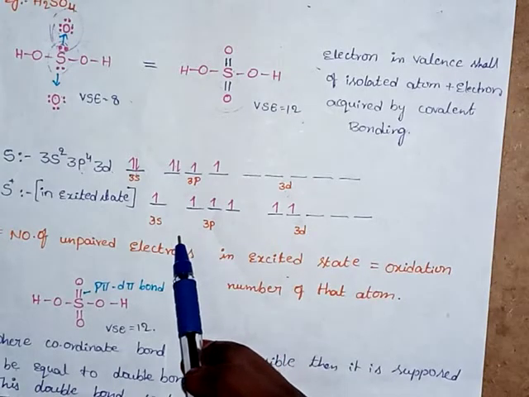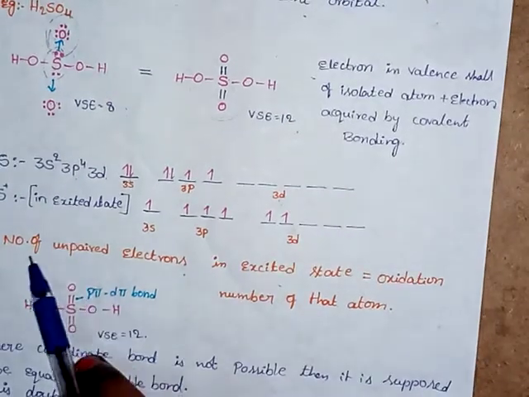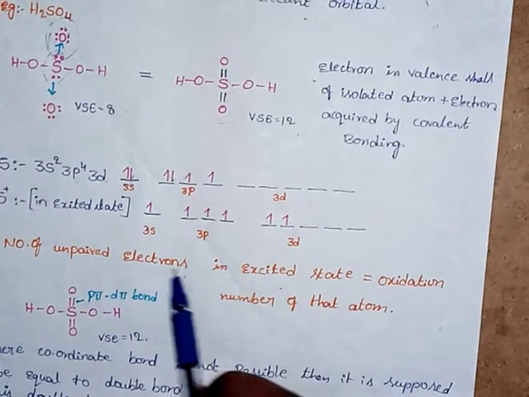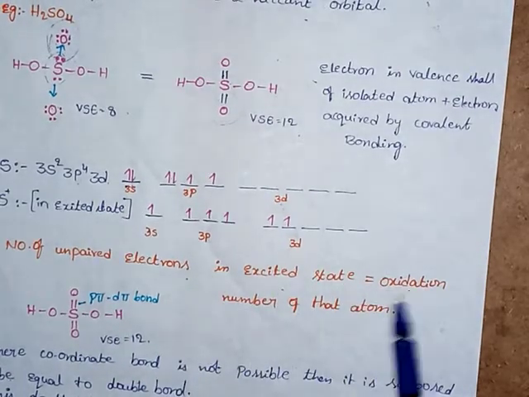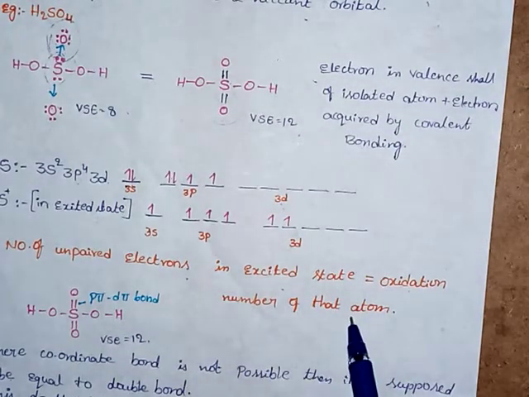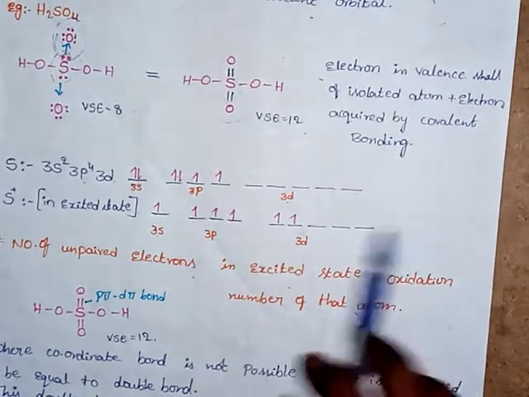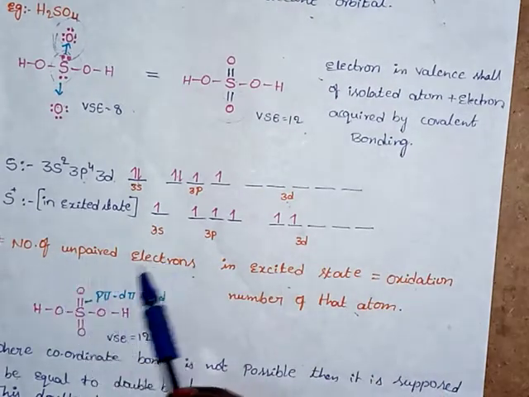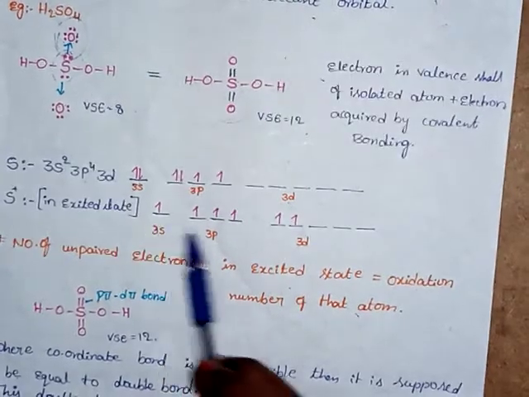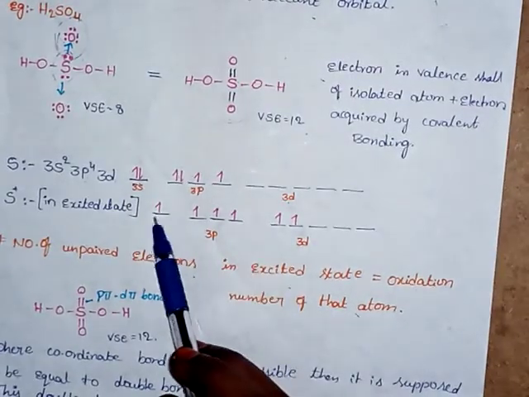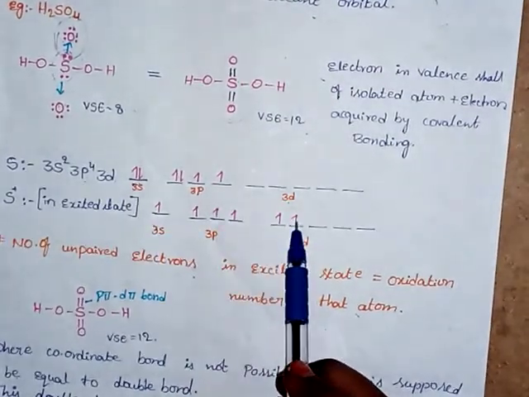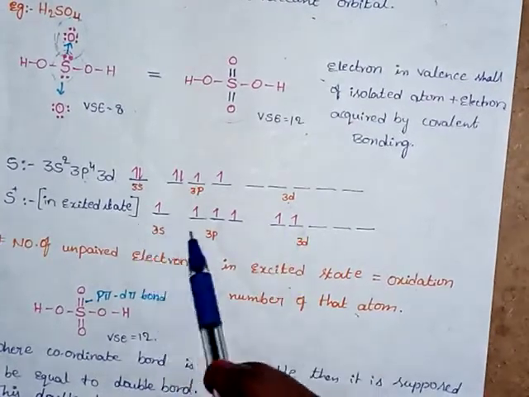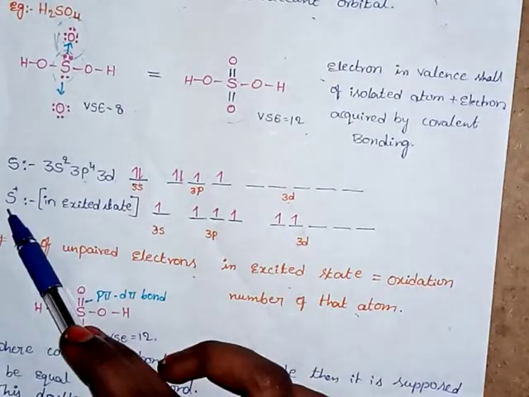So the number of unpaired electrons in the excited state is equal to the oxidation number of that atom. Are you able to understand this? How many unpaired electrons are there here in the excited state? 1, 2, 3, 4, 5, 6. 6, right? So 6 is the oxidation state of sulfur.